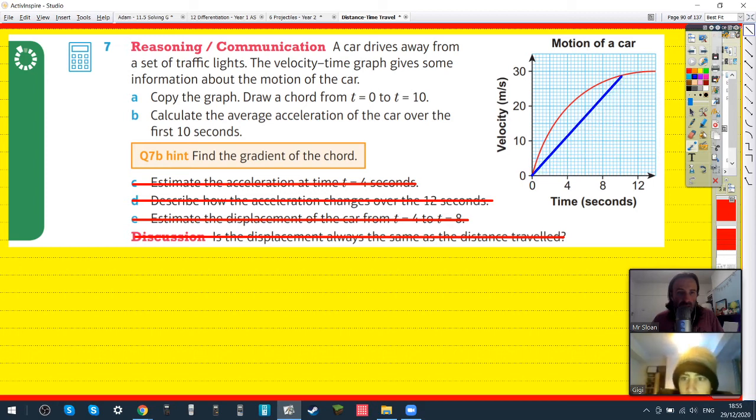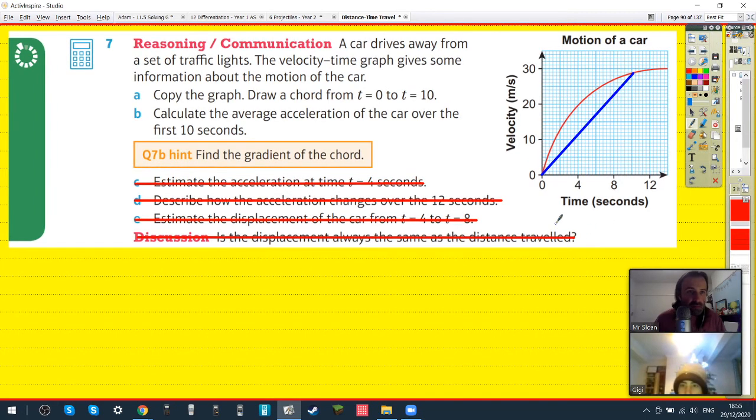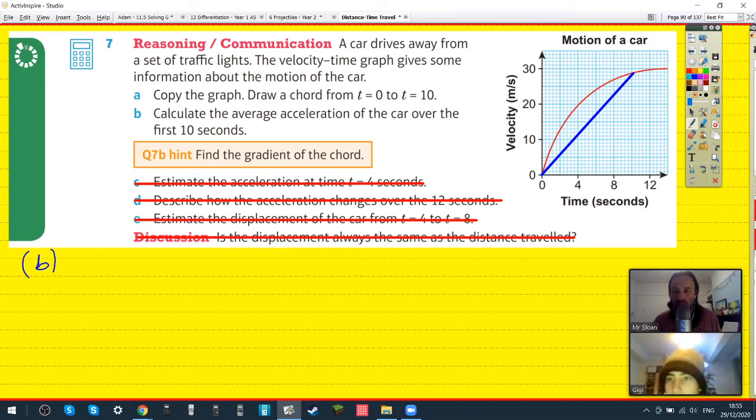Okay. Gradient would be 0.39. How'd you get that? 39 divided by 10.